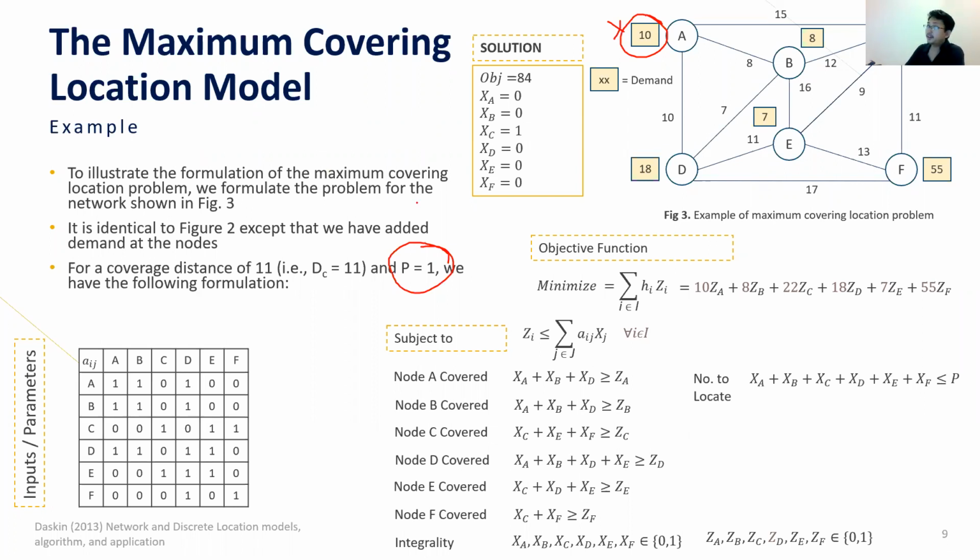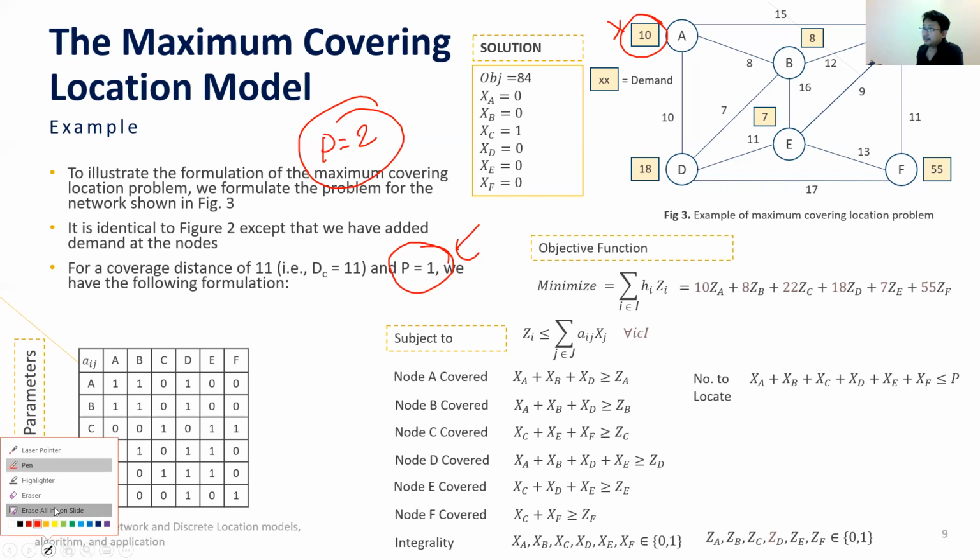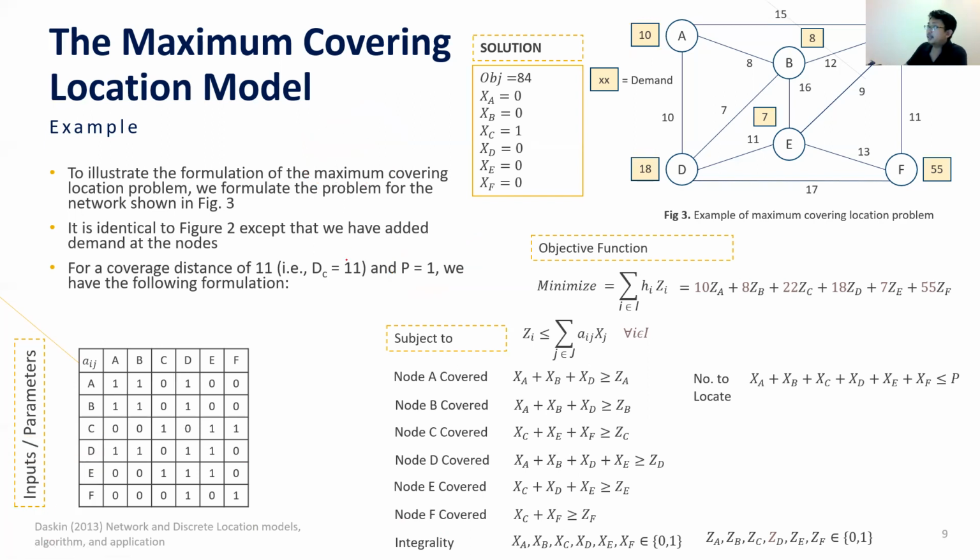We know from the set covering problem that with 2 facilities open, with p equal to 2, all the demand can be covered, right? So let's say, what if we can only open 1 facility out of these 2 facilities that can give you the optimal solution? Well, by using the maximum covering location model, we can use the same approach. Let's say the covered distance is the same as the previous one, so we'll still have the aij matrix, adjacency matrix, equal to the previous example.